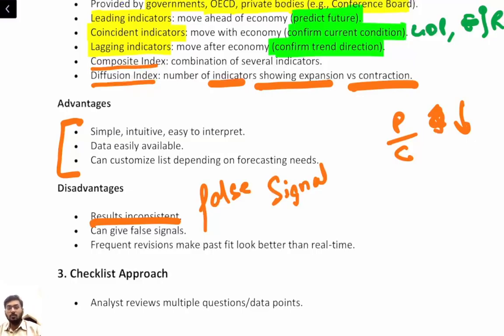But what if it's actually booming? Clear? Sometimes the data can get revised, which creates confusion. Sometimes you cannot trust the data. And if you make huge revisions, then your model will not look good. Then you cannot trust your models too.